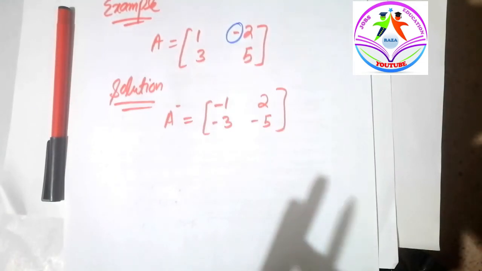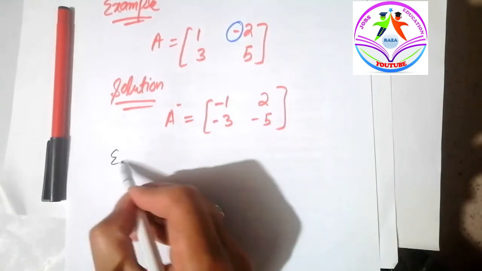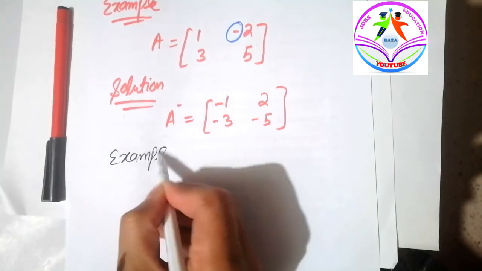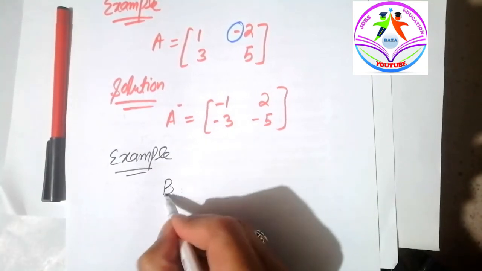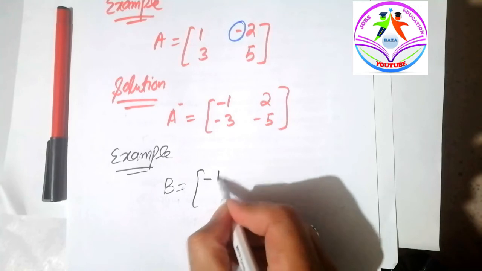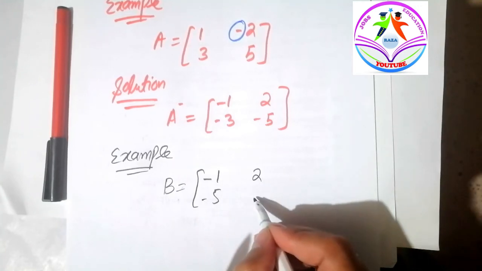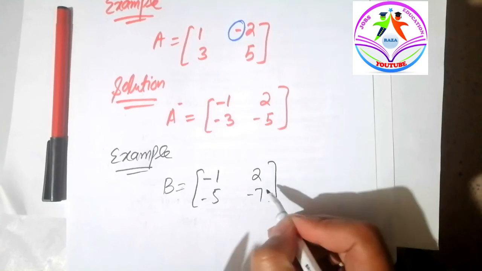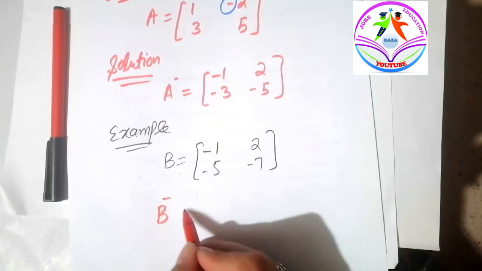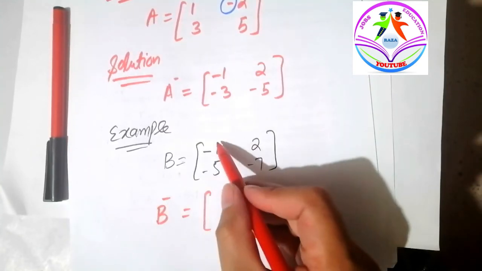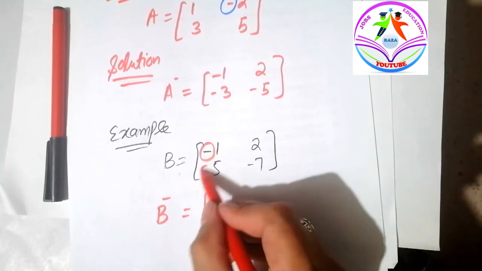Let me give you another example so you will understand it properly. For example, we have B matrix, -1, +2, -5, -7. Let me solve it for you. The solution is, we can change each and every sign.